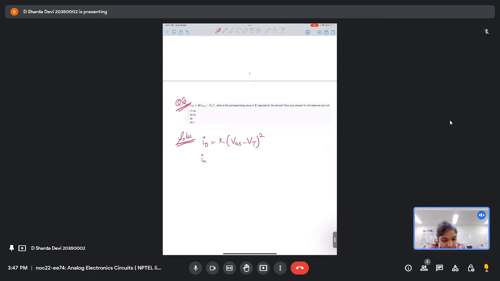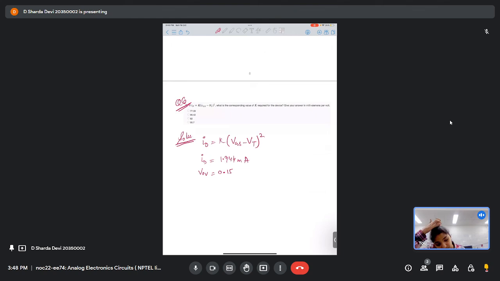So we got ID to be 1.944 milliamperes, right? In the earlier question we have already solved ID to be 1.944, and we know Vgs minus Vt, that is VOV, to be 0.15.